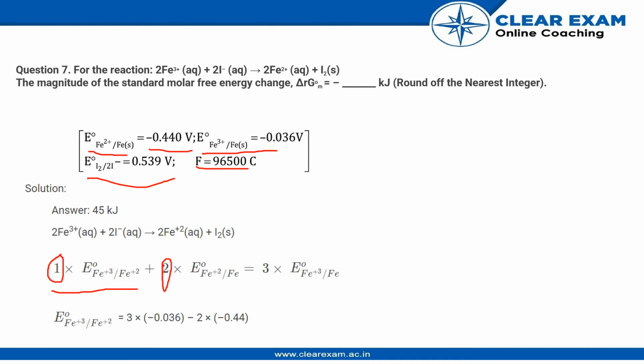2 multiplied by the Fe2+ to Fe E° value will give us the value for 2 electrons, and 3 multiplied by Fe3+ to Fe will give us the E° for 3 electrons.